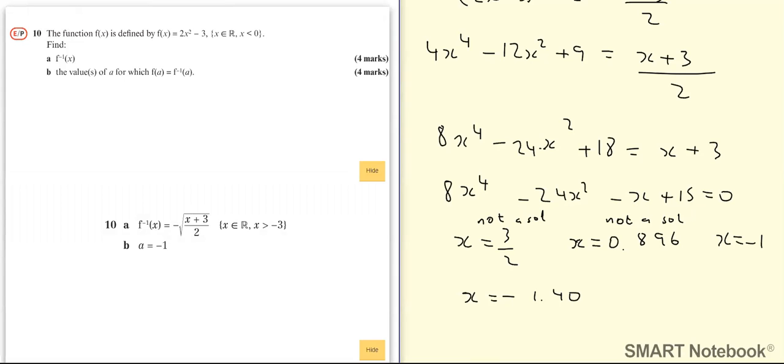Minus 1. Why is the other one, minus 1.40, not included in there? Oh yeah, okay.